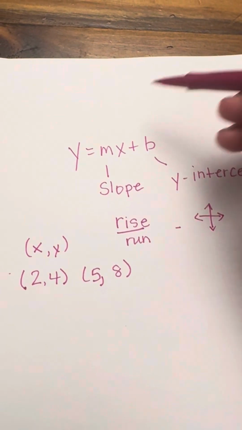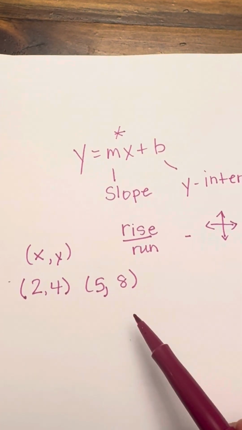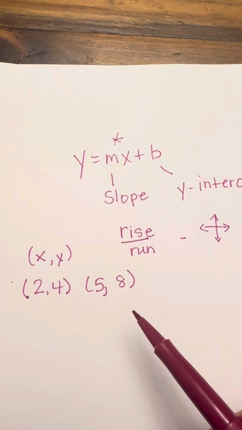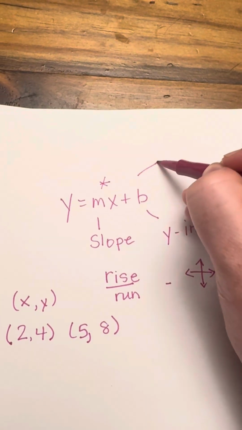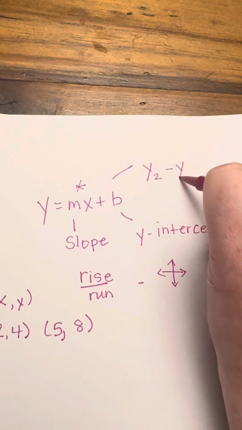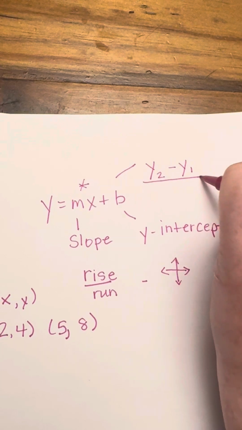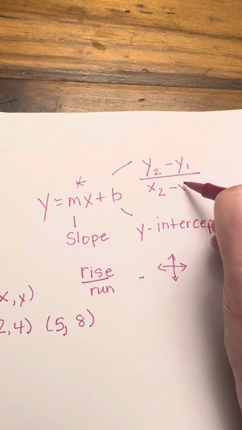So what I always like to start with is the slope if I have 2 points, because that seems the easiest to me. So to find the slope, remember, we are going to do the difference in the y's. So I'm going to say y2 minus y1 over the difference in the x's, x2 minus x1.